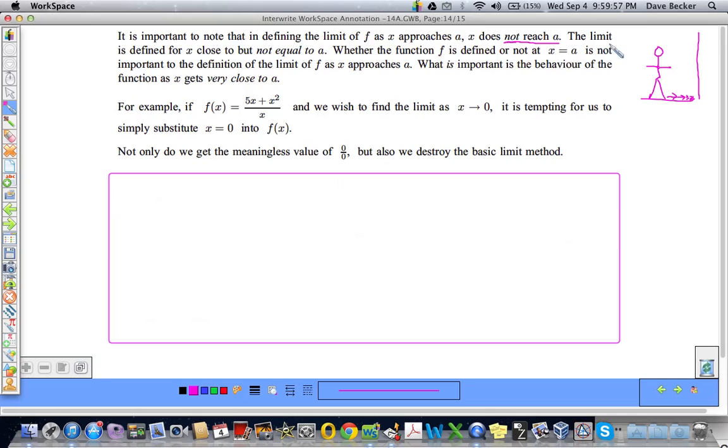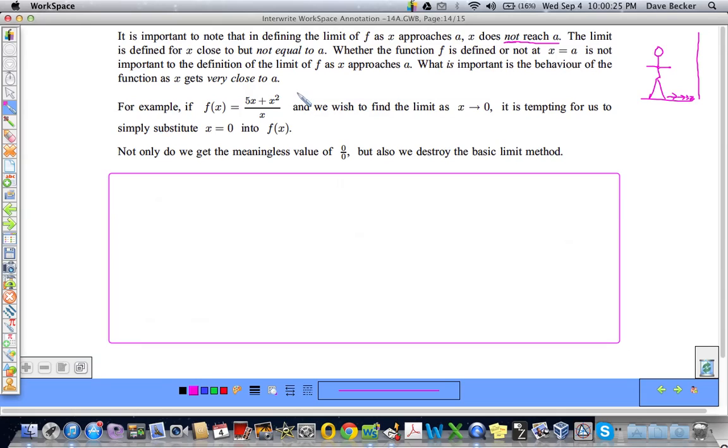It's the same sort of thinking. The limit is defined for x close to, but not equal to, a. So in our previous example, we were finding the value of the function as x got very, very close to 2, but it never equaled 2. But Mr. Becker, 2 squared is 4. I know. Sometimes we can use that to find the limit, but that's not how it's defined.